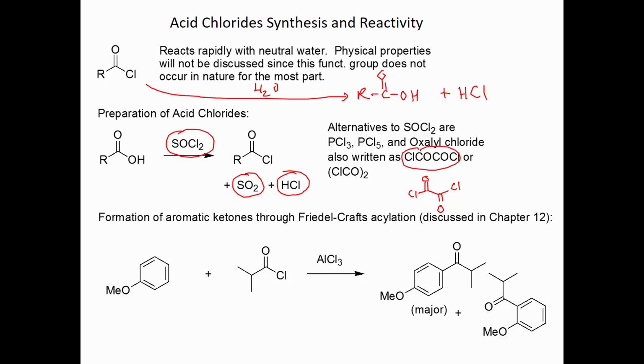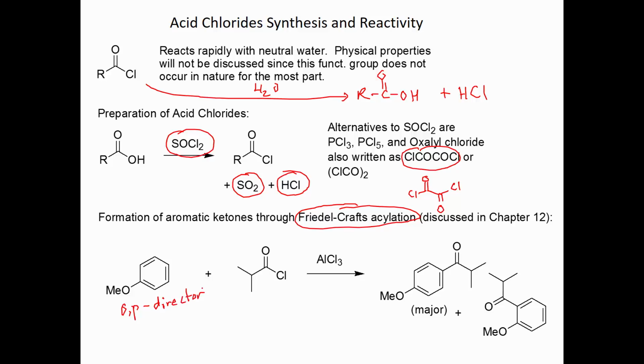Okay, we've seen acid chlorides before. They do one reaction in the first half of the class. This is the Friedel-Crafts acylation, right? Okay, so as long as our ring is not terribly deactivated, at least as reactive as chlorobenzene, we can react it with an acid chloride and aluminum chloride, and this is an ortho-para director.